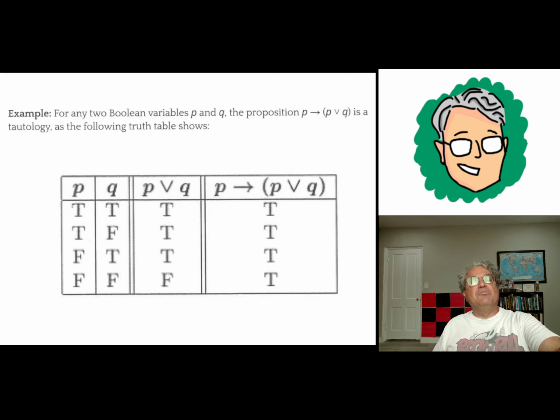And one more example I'll give you. How about P implies P or Q? This is kind of similar to the last one. Again, we can go through all four cases of P and Q. In this case, the only time in which P or Q is false is when both P and Q are false. In the first three, P or Q is true.